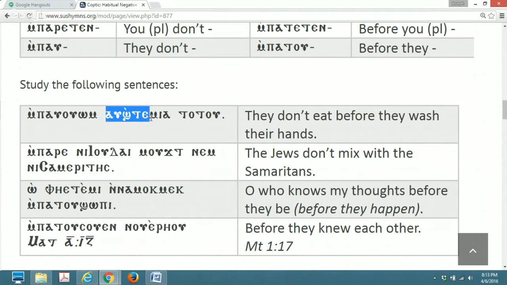of ishtim. Remember we talked about this. This is the negative of the conditional. So ishtim means if they don't. So we've got two negatives. They don't eat habitually, if they don't, and ya means to wash, and totu means their hands.